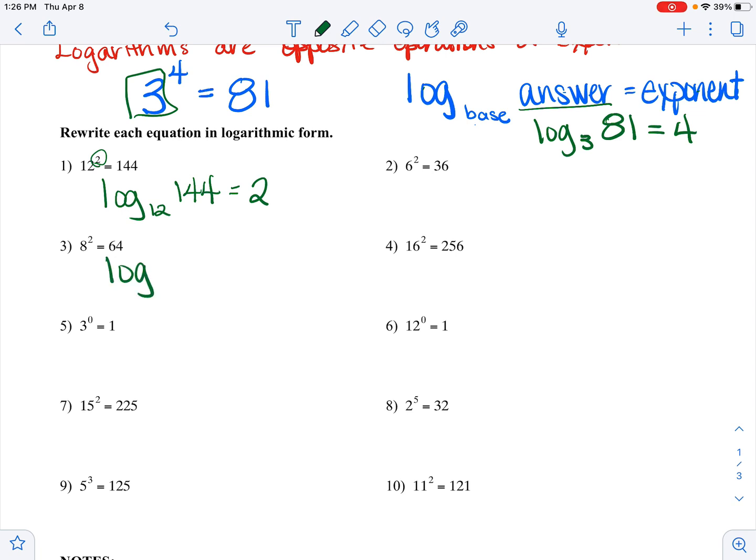Log base 8 of 64 is equal to 2. Log base 3 of 1 is equal to 0.